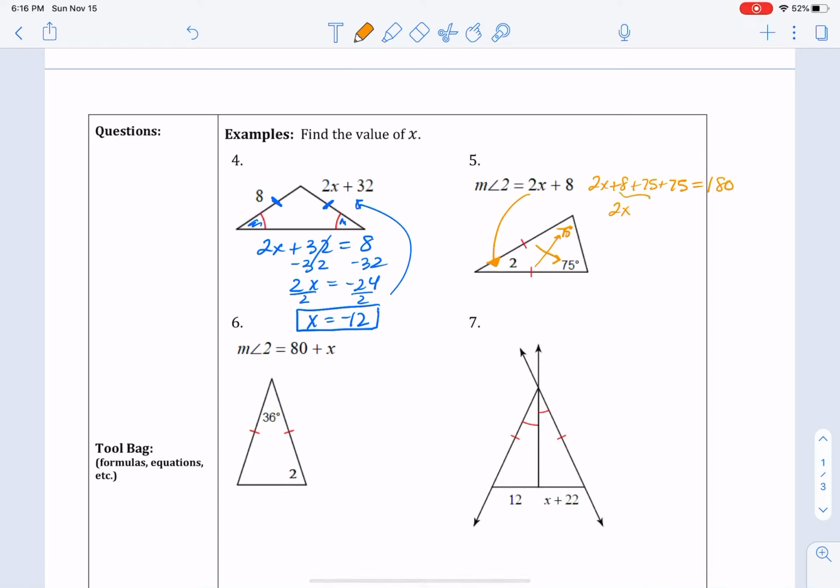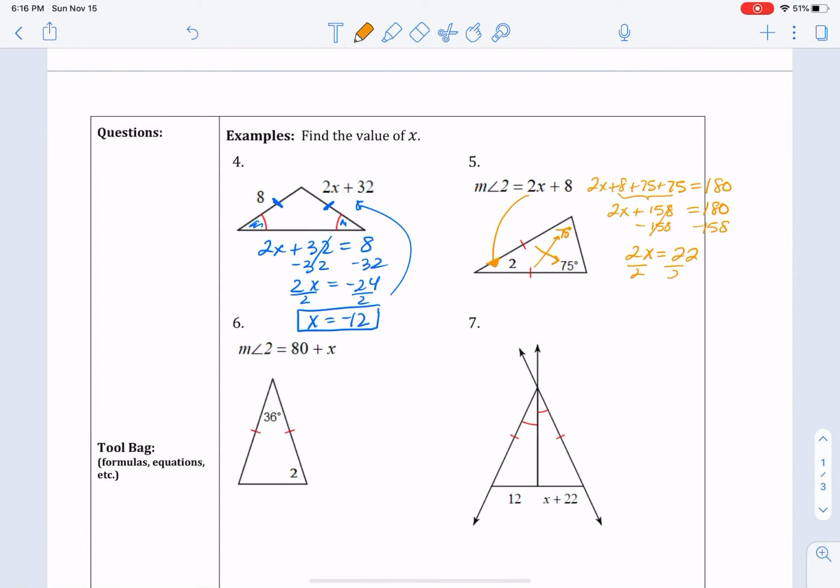When I combine like terms, 2x plus 158 equals 180. Subtract 158 from both sides. 2x equals 22. Divide by 2, and x equals 11.